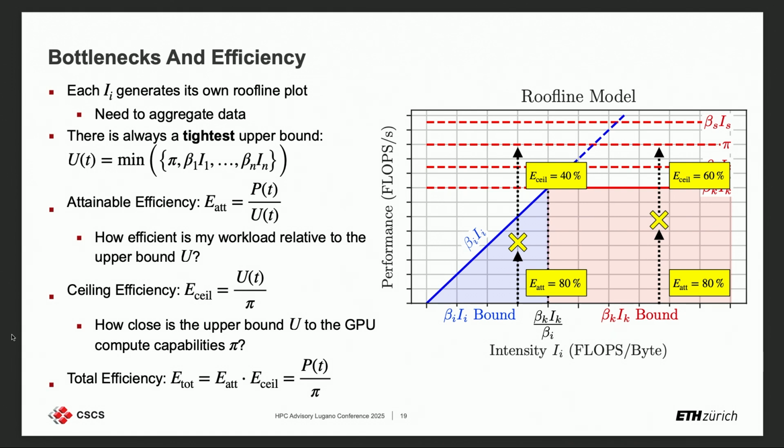In reality, you have well-optimized code, but your workload simply needs a lot of data movement compared to computation, and that's why you're not able to squeeze out more performance from your GPU. And of course, here it's the total efficiency. It's just the ratio of how close you are to the peak performance line. So in one case, it's about 30% of the way there. In another case, it's about 50% of the way there.